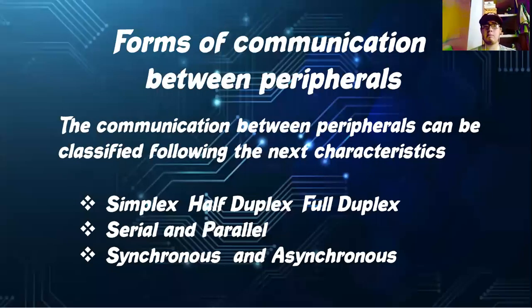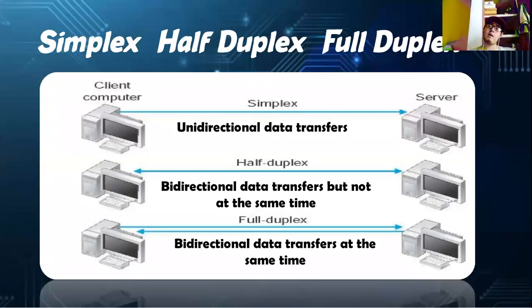Forms of communication between peripherals. All these devices need to communicate between them, and they use these characteristics. For example, simplex communication is a unidirectional data transfer, where the client computer just sends data to the server, but the server is not capable of sending data to the client computer.